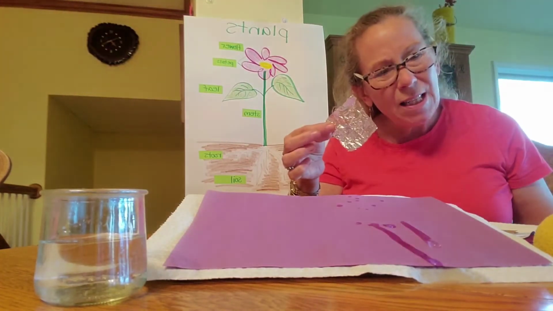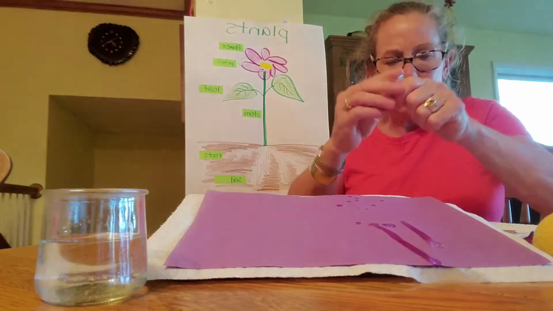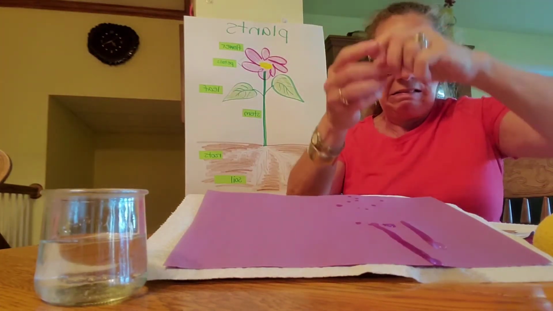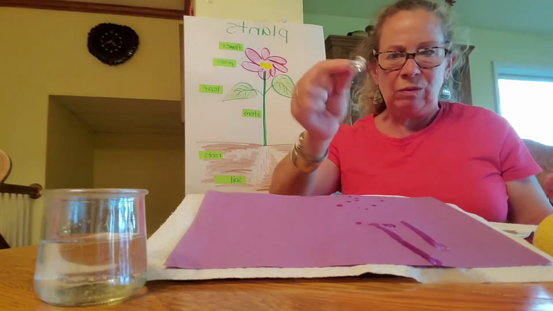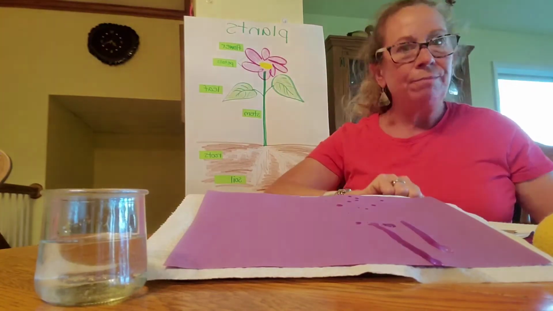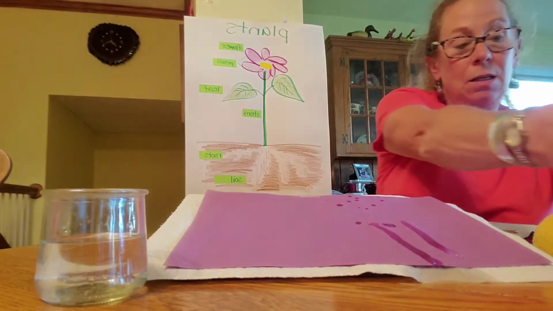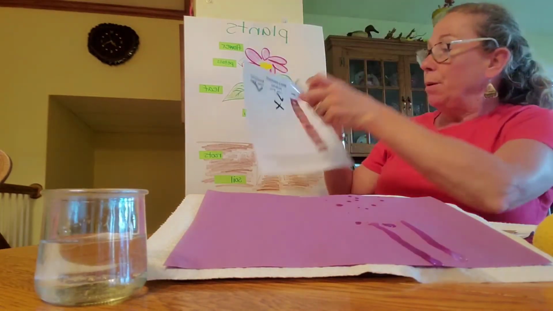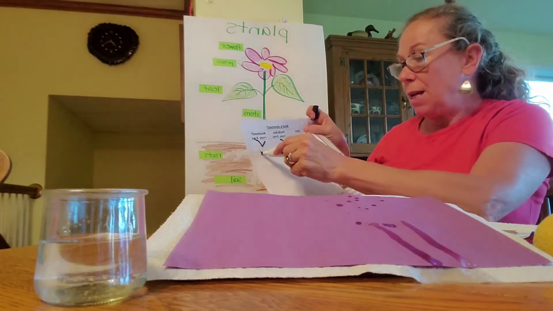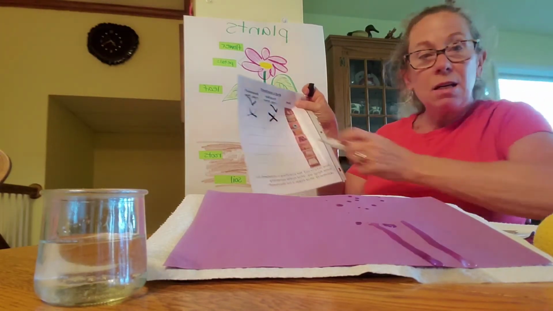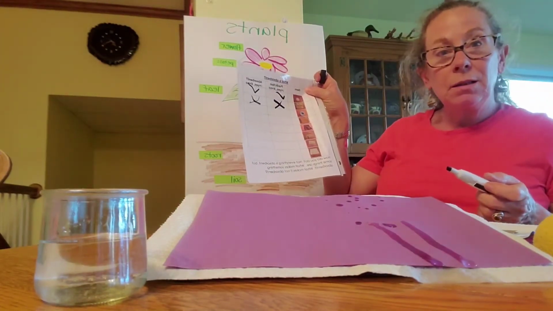You think I can squeeze it and get some water out? No. You know what? Were we right? It was not absorbent. So I'm going to put X in that rectangle because it was not absorbent.